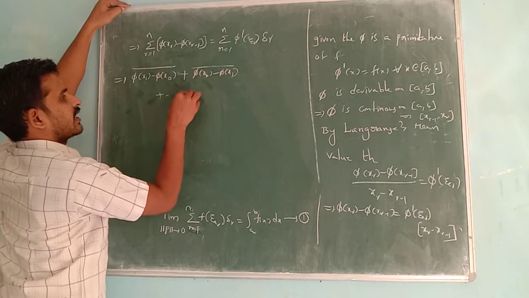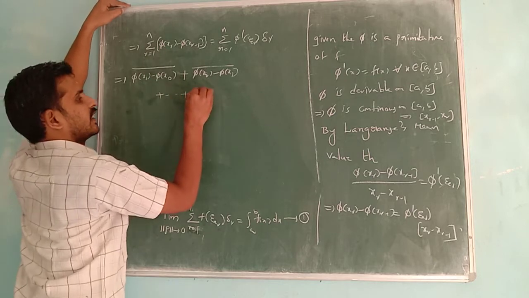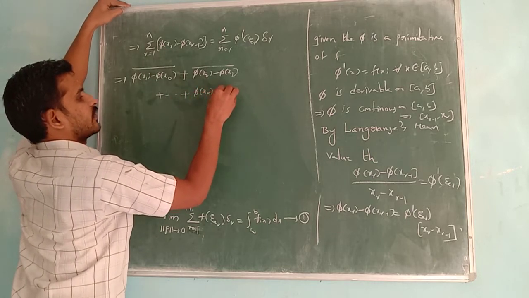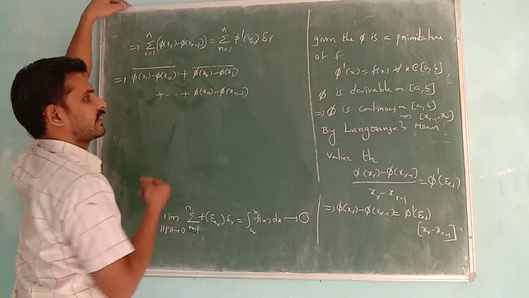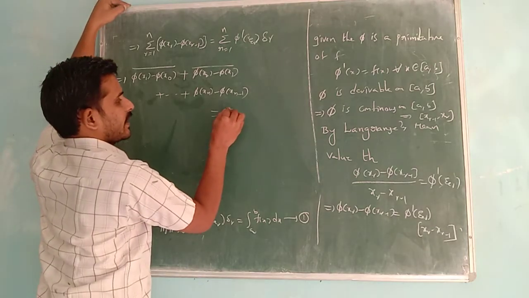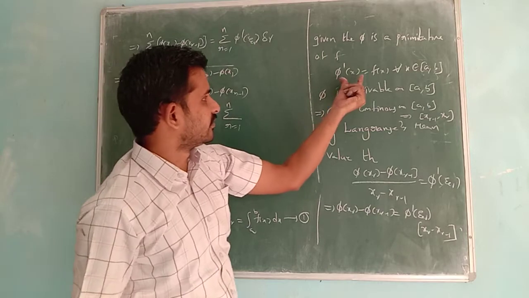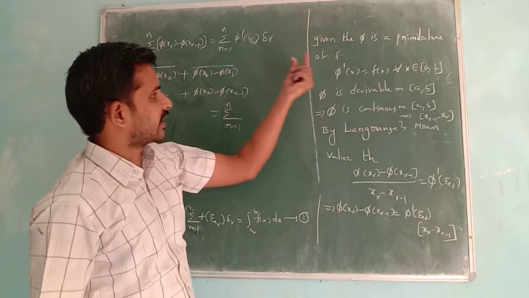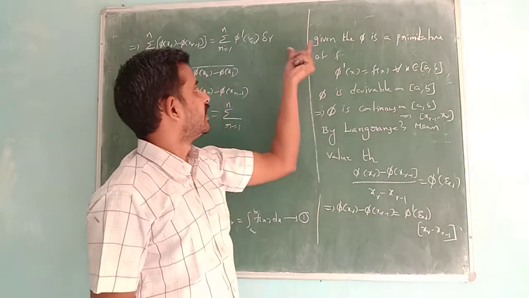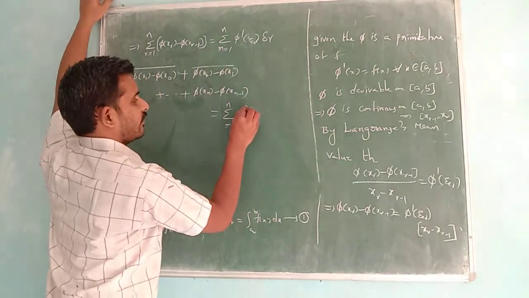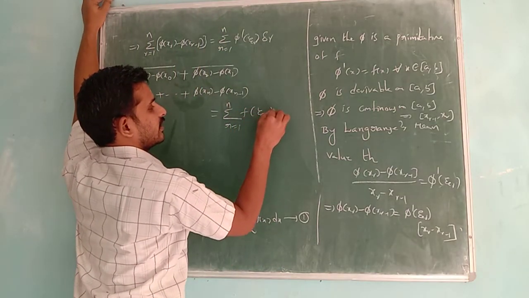Plus so on. The last term, phi(xn) - phi(x_{n-1}), is equal to sigma, r running from 1 to n, phi dash of xi_r. Phi dash of x means f of x. Phi dash of xi_r means f of xi_r, delta r.